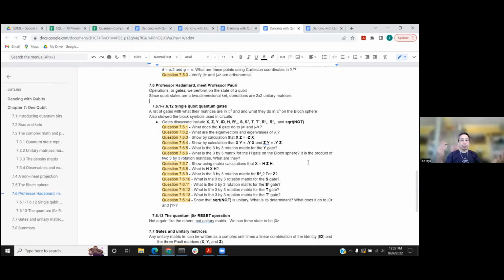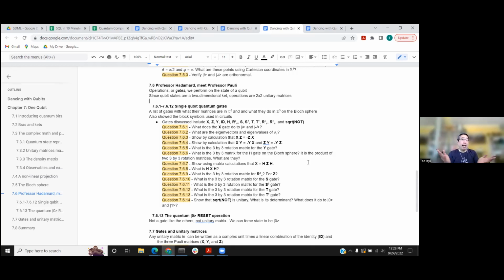You can show it's unitary, you can show all these things, and it does what we're looking for. Basically, any 2x2 unitary matrix is a valid operation to perform on our quantum state.